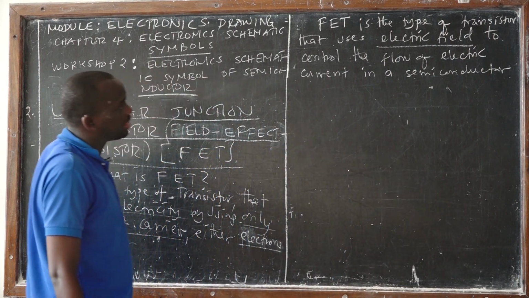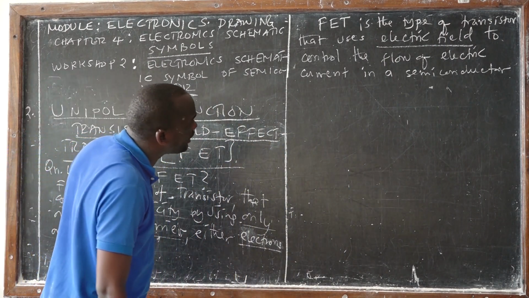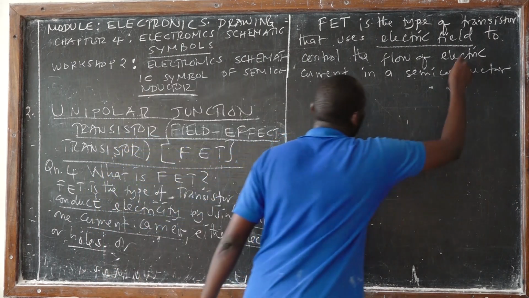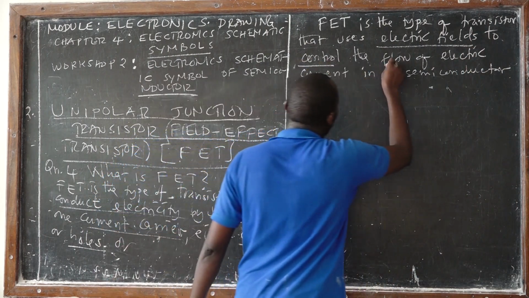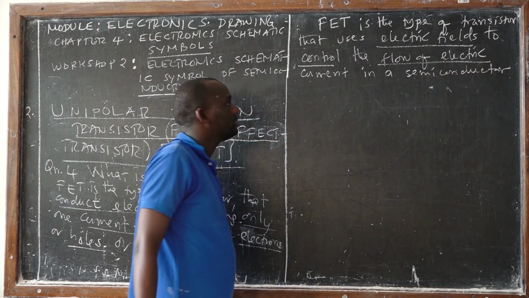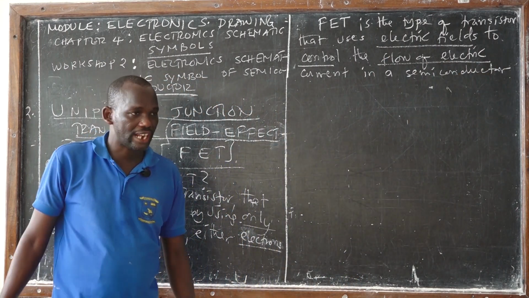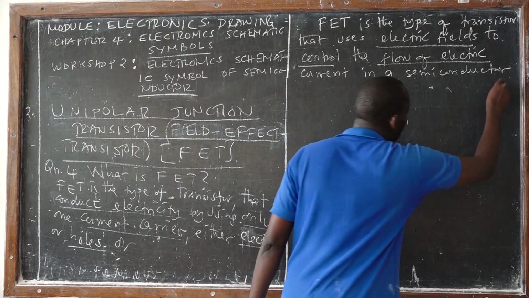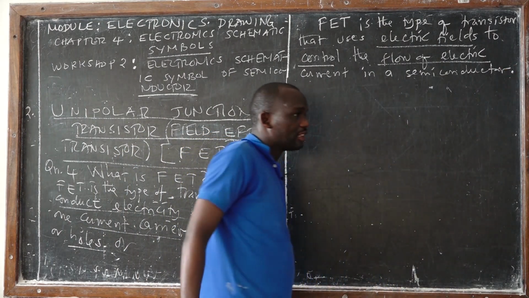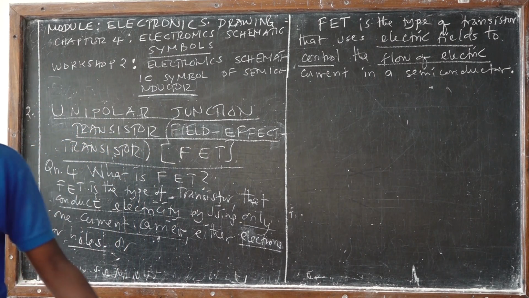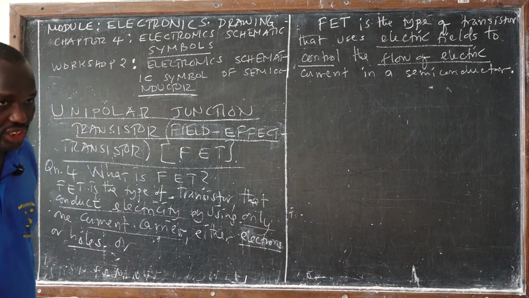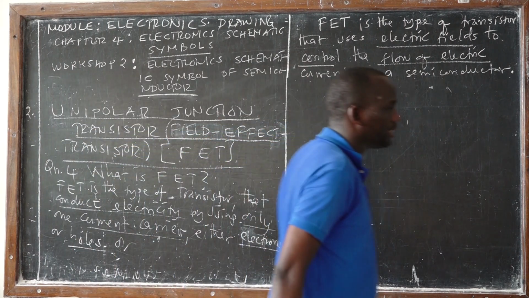A field effect transistor is the type of transistor that uses electric fields to control the flow of electric current in a semiconductor device or material. So that's why we call it a field effect transistor.